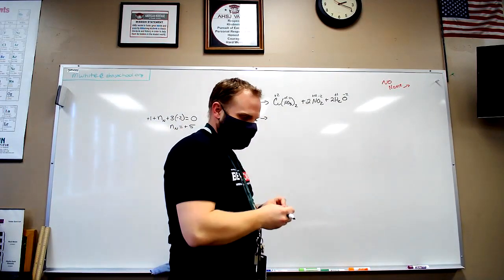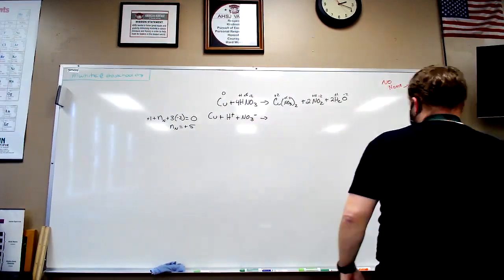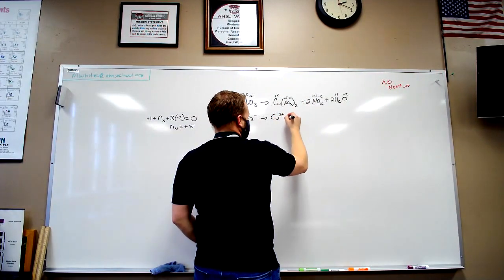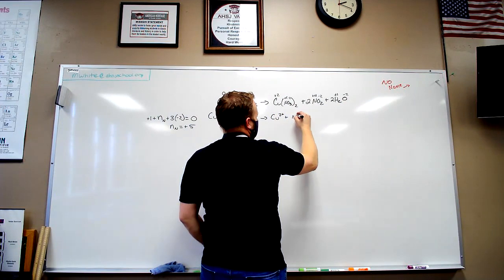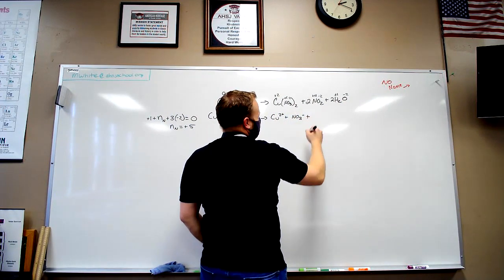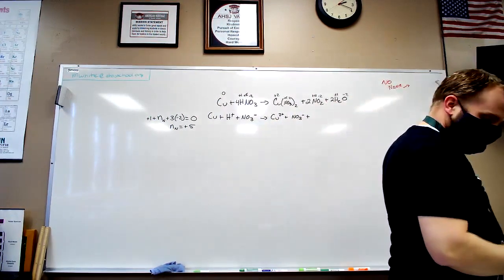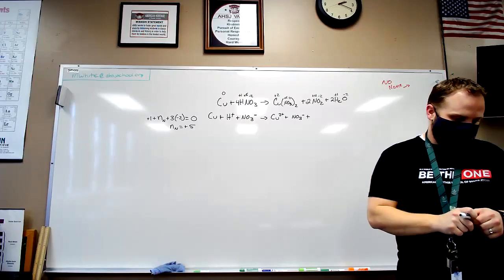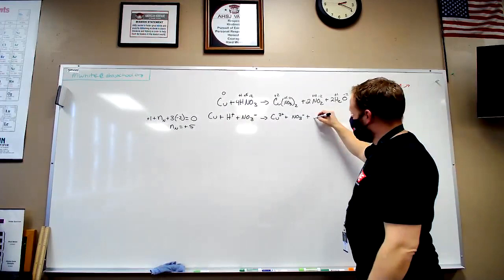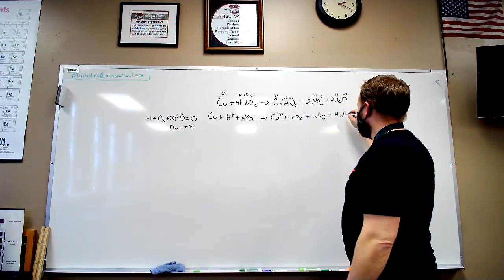Same thing with this copper nitrate. It is an ionic compound. So we can say we have copper, and then we have the nitrate ion. This right here is not an ionic compound, so we have to keep it just the way it is. And then we have water.